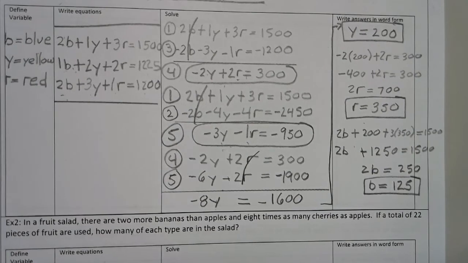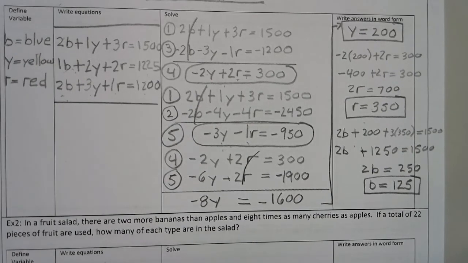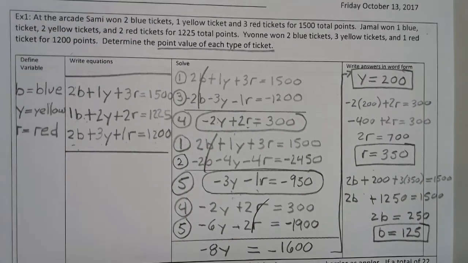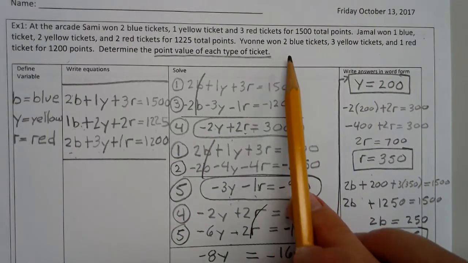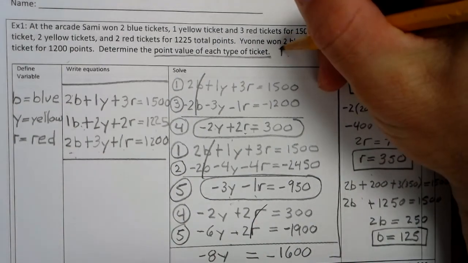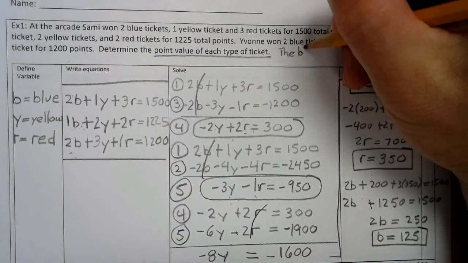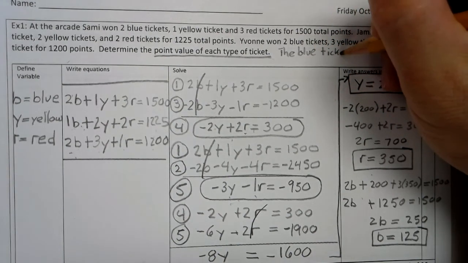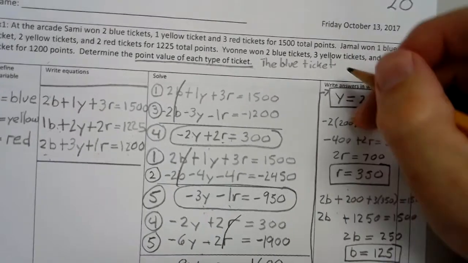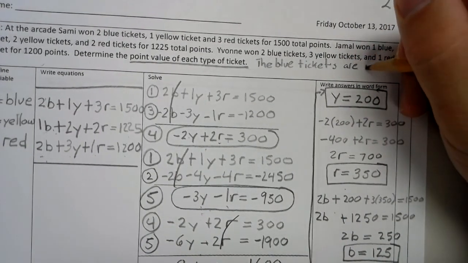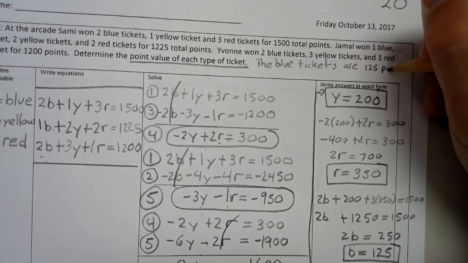All right. Now, the one thing you can't forget is you have to explain your solution in sentence form. Now, we ran out of a little space here, so I think we're going to have to write the solution maybe here. So we can say the blue tickets are 125 points.